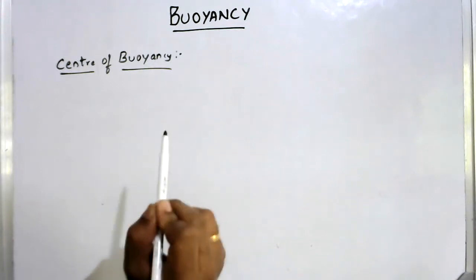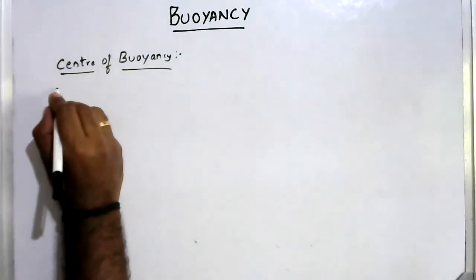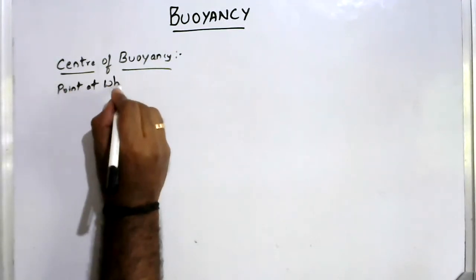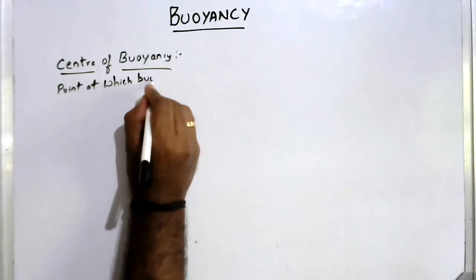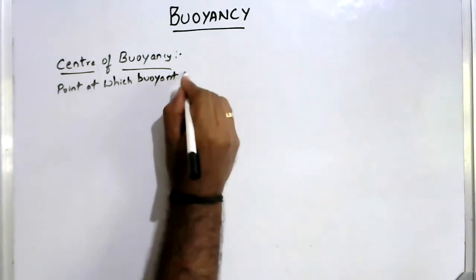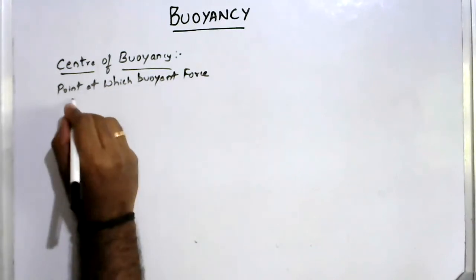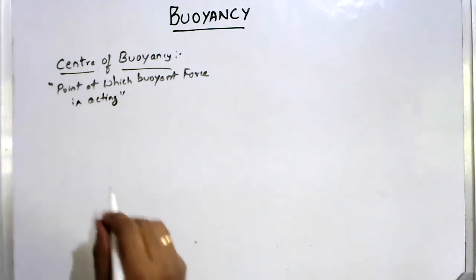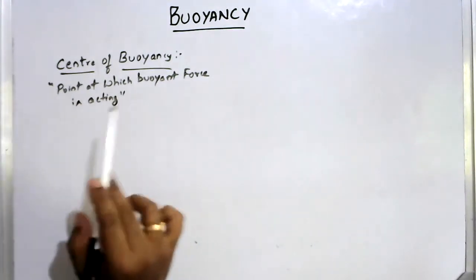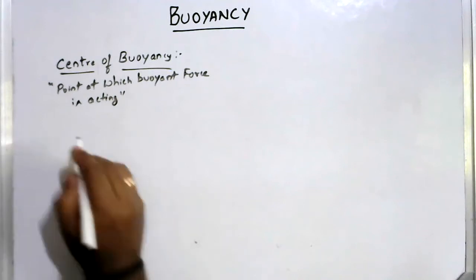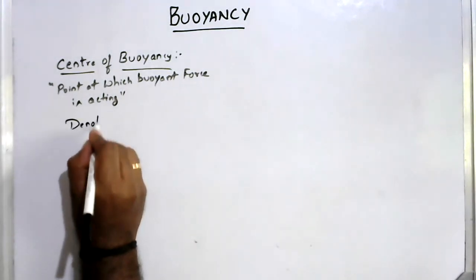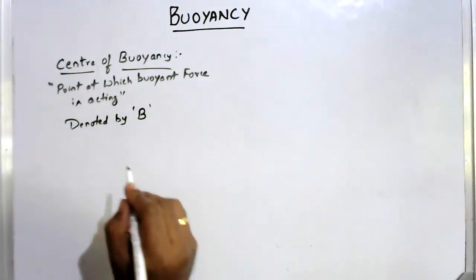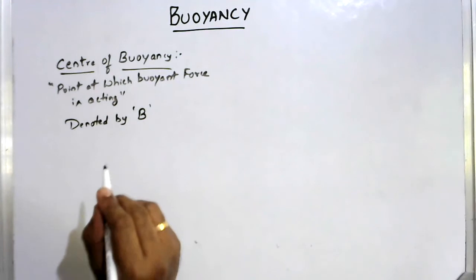The point at which the buoyant force acts is called the center of buoyancy, which is denoted by the letter capital B. B is the point of application of the buoyancy force.